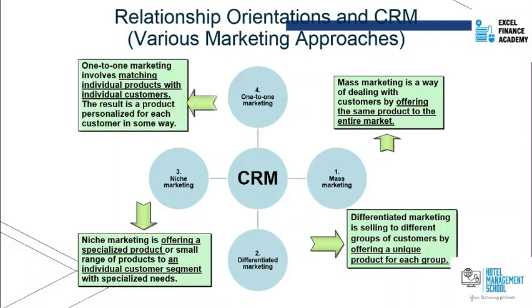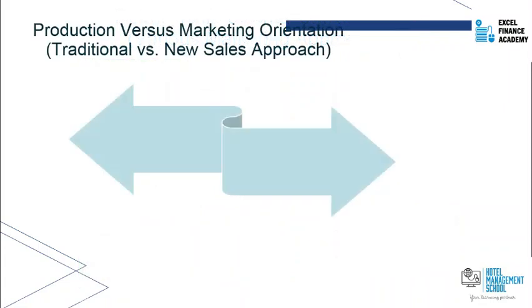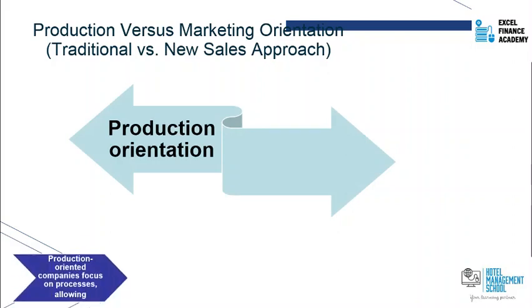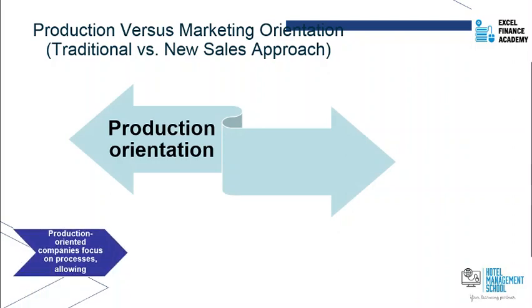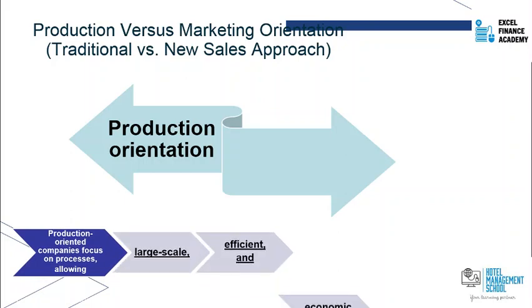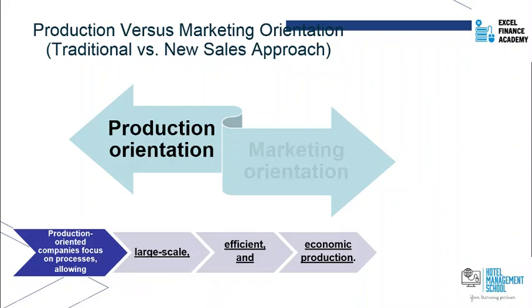And then you have one-to-one marketing, of course. You can sell your product to individual people in a way that matches the consumers. Okay, so it allows everything. So product orientation is your company's focus on processes that allow large-scale, efficient, and economic production.